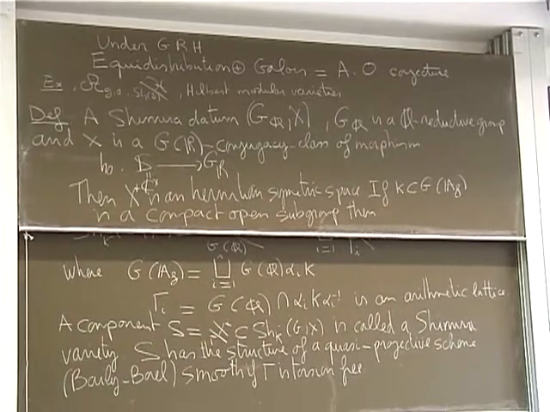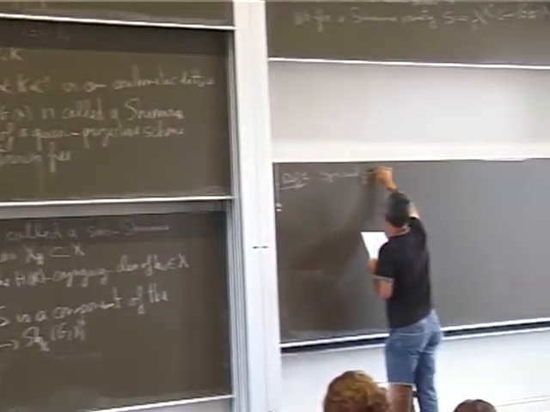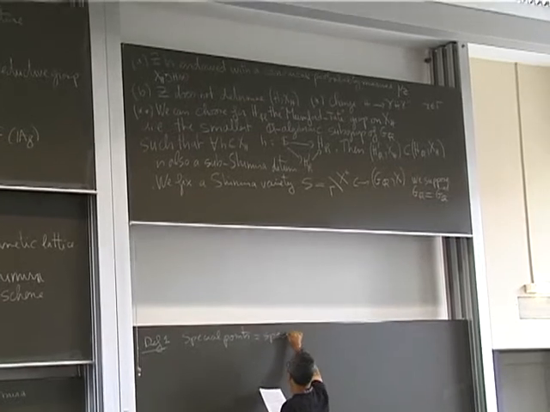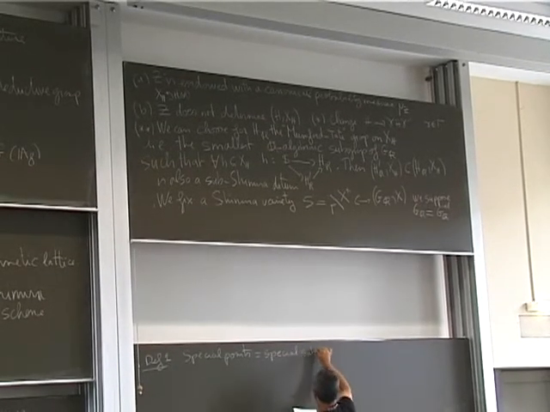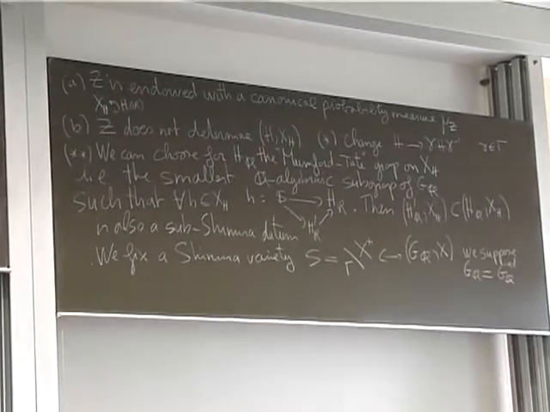So I have to define special points in this language. So there will be the special subvarieties of dimension 0.